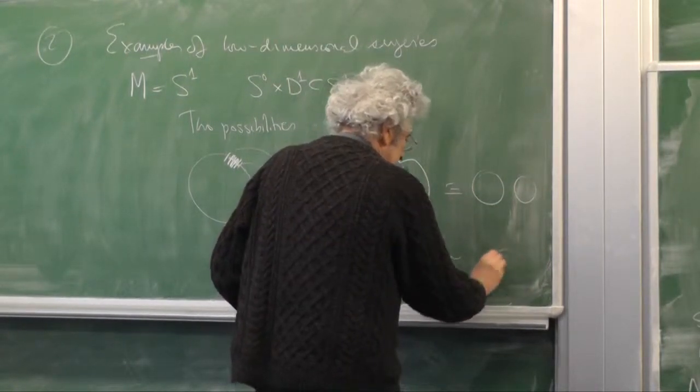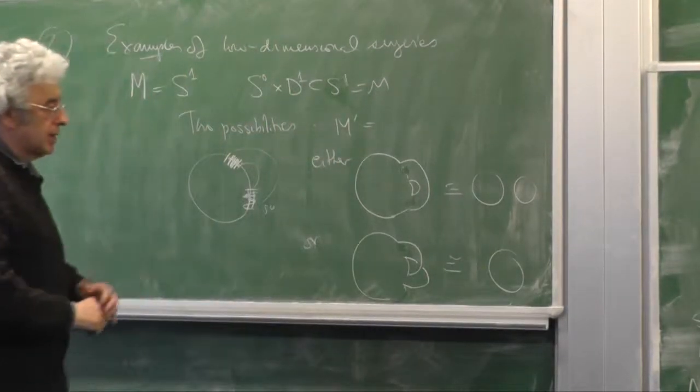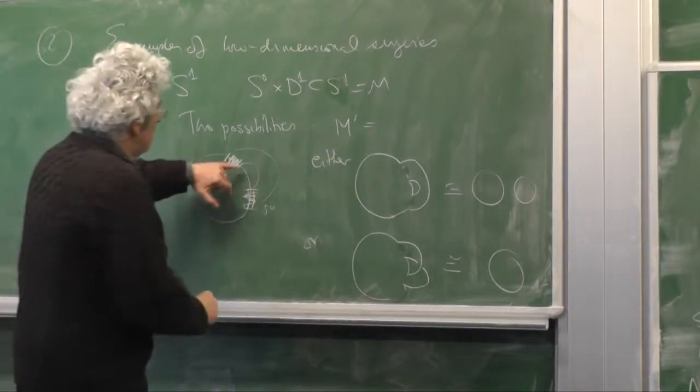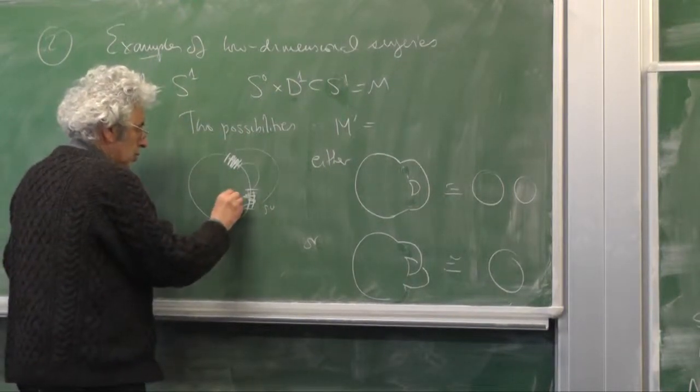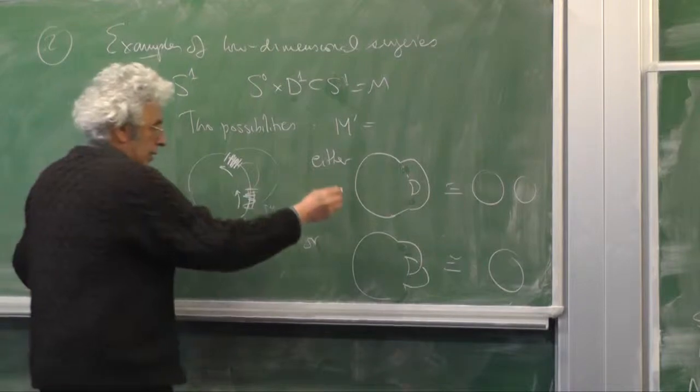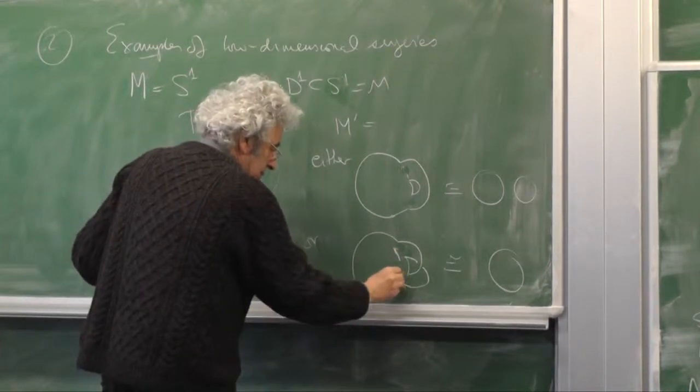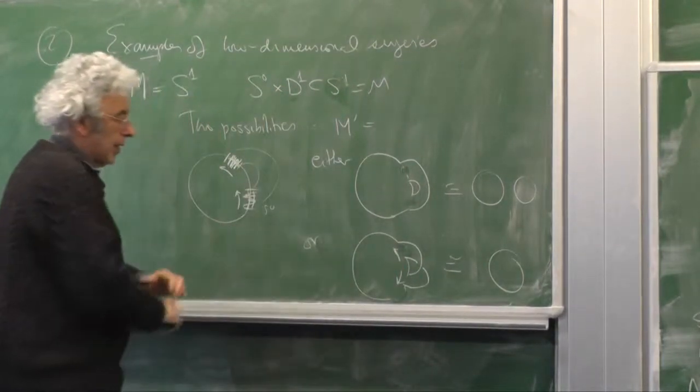This is homeomorphic to a single circle. So it's a very drastic change according to the orientation here, basically. So if I take the 2 D^1s to be parallel, I get one of them. If I get an anti-parallel, because at this joint, I get the other one.